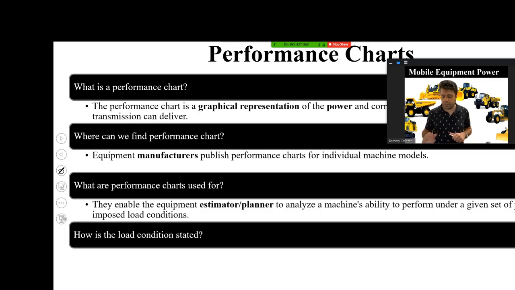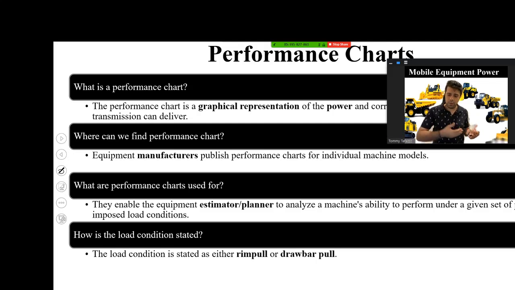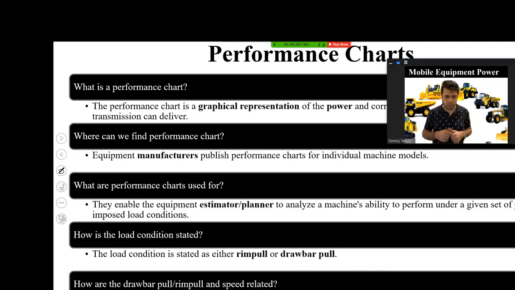How is the load condition stated? So the load condition could be stated in two different types, rim pull and drawbar pull. How are the drawbar pull or rim pull and speed related? Obviously, they have an inverse relationship with the speed. So if you are towing a car with your car, the faster you move, your car can generate a less rim pull, okay?